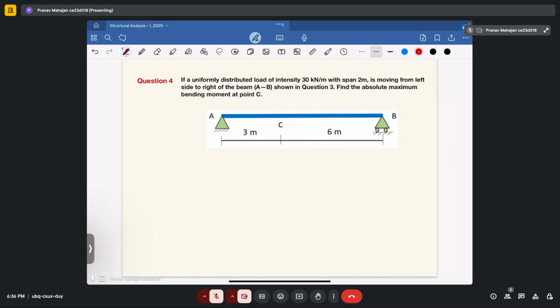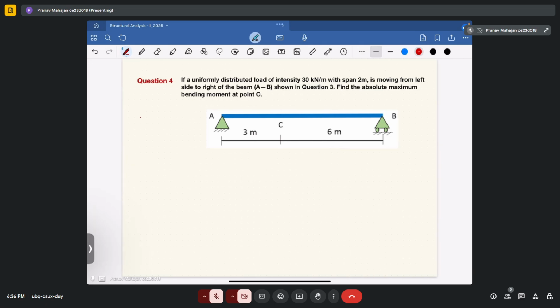So let's move to another question. Your next question tells you if a uniformly distributed load of 30 kilonewton per meter with span of 2 meter is moving from left to right on the beam AB as shown in question 3, like we have already seen, what will be the absolute bending moment at point C?